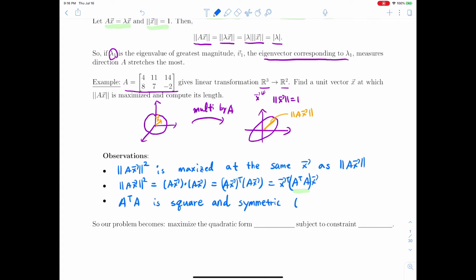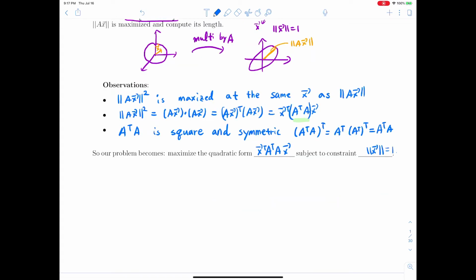This is because if you take the transpose of A transpose A, this gives you A transpose times A transpose transpose, which equals A transpose times A. So the problem becomes: we want to maximize the quadratic form x transpose A transpose A x, subject to the constraint that the magnitude of x equals 1.